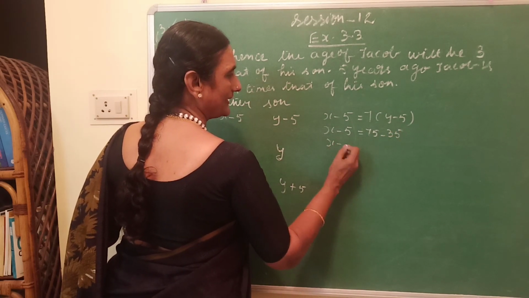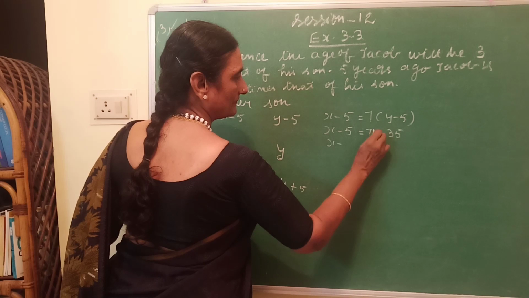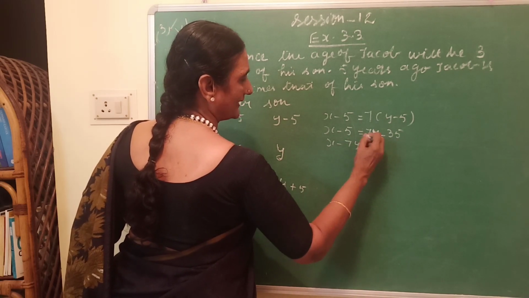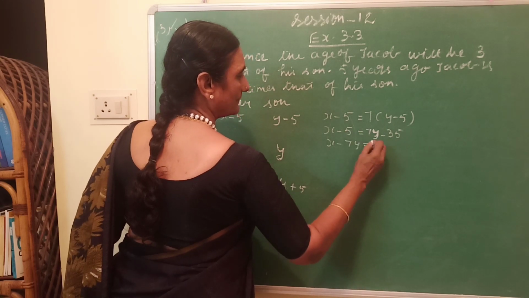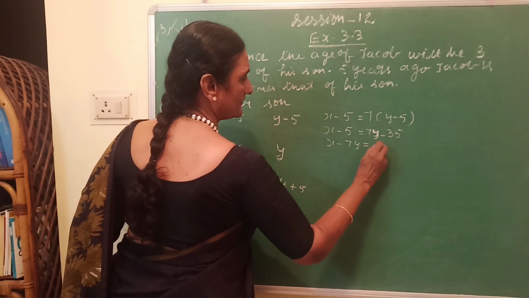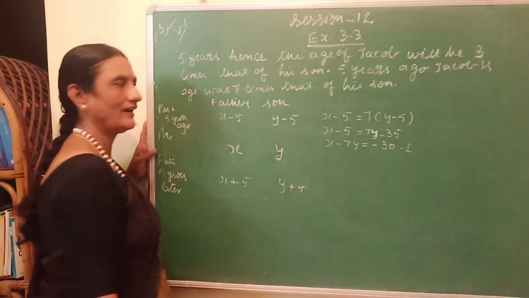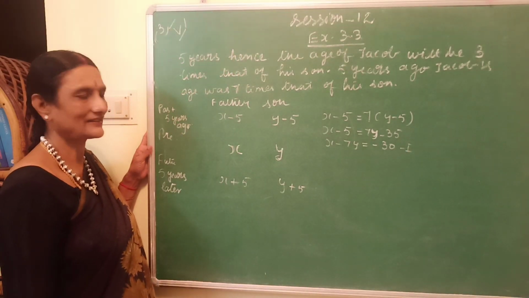Therefore, X minus 7Y is equal to, this 5 goes to the other side with a positive sign. So that becomes minus 35 plus 5 gives you minus 30 is the first equation. Are you understanding? Is that clear to you?